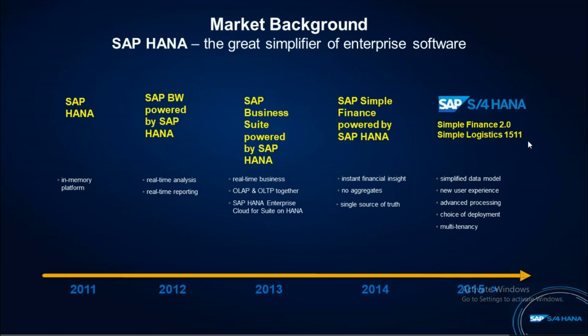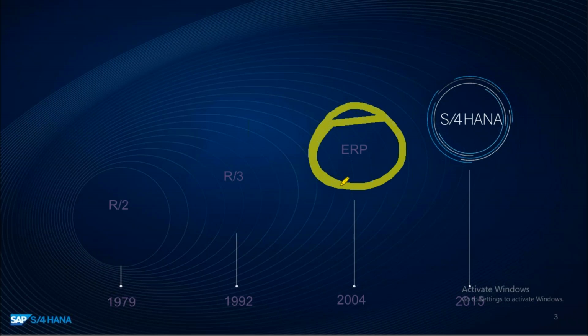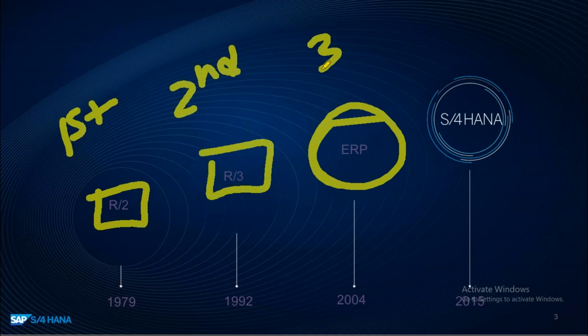But first, we need to know about the different generations of the SAP. All right. So in the next slide, we have here the different generations whereby we've seen the ERP over here. This is right here, ERP. Right? This is what we've all experienced. However, there are other older versions, like the first generation ERP was the R2, second generation SAP is the R3 real-time 3-tier architecture, and then the third generation ERP most of us have experienced is the third generation.